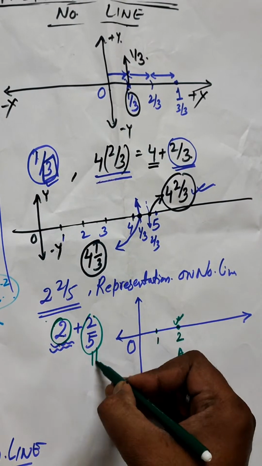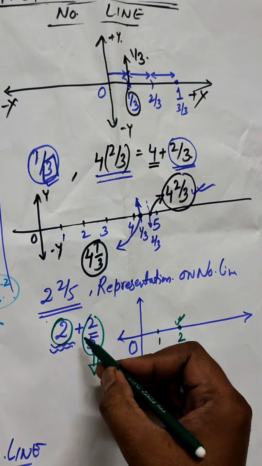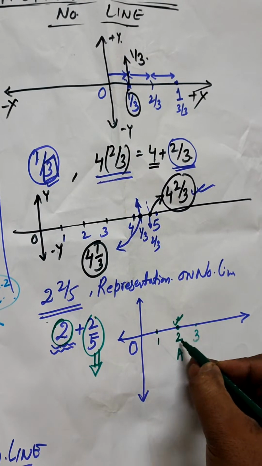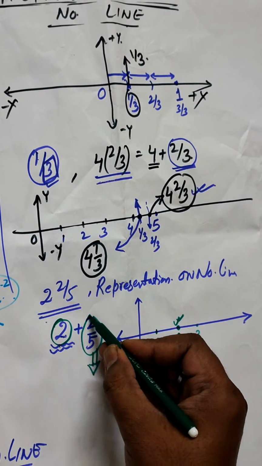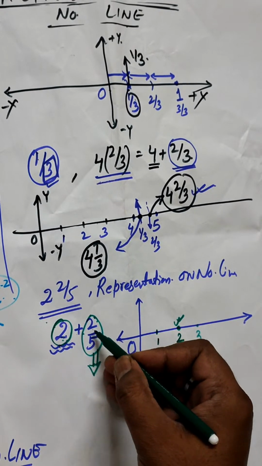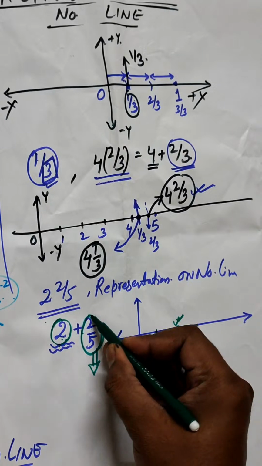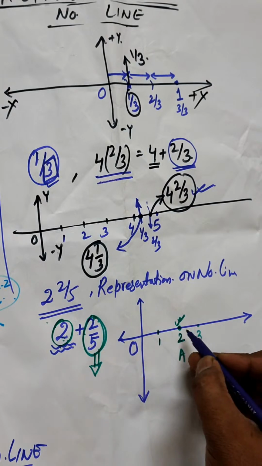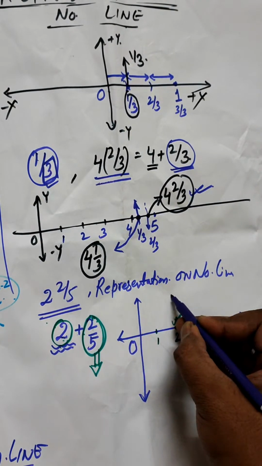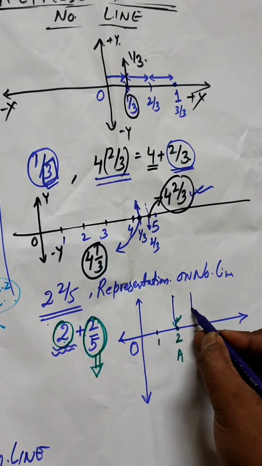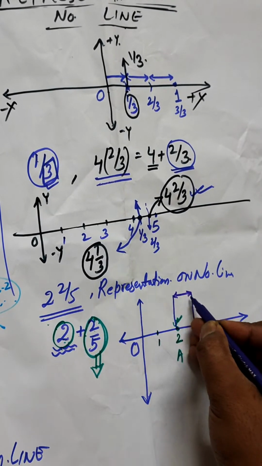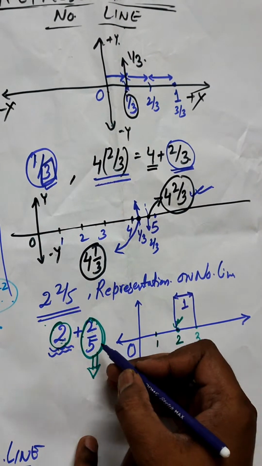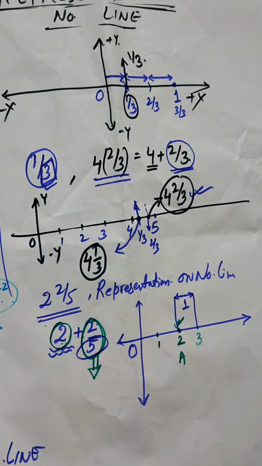So just consider this 2 by 5 to be represented after 2 and before 3, because it is added to 2. So the next section from 2 to 3, this is for 2 and this is for 3, this unit is 1 unit, right? And this 1 unit is to be divided into 5 equal parts. You can see the denominator.